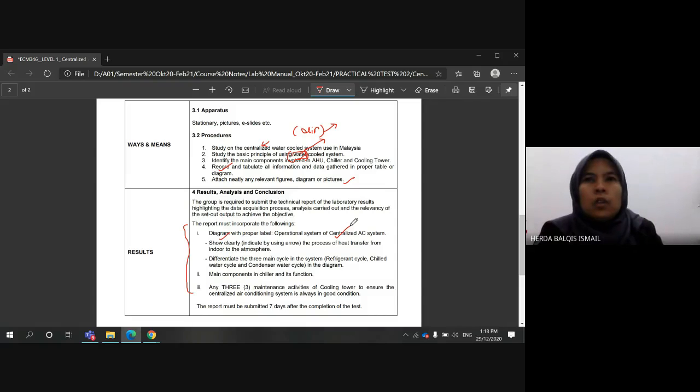Basically, it will include these three cycles: the refrigerant cycle which occurs in the chiller, the chilled water cycle, and also the condenser water cycle, which happens between the chiller and the cooling tower.